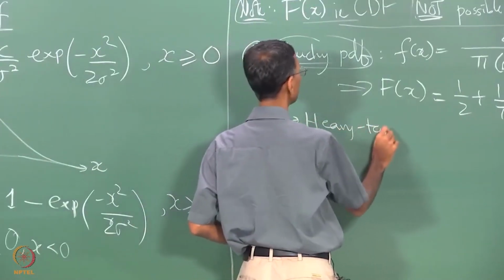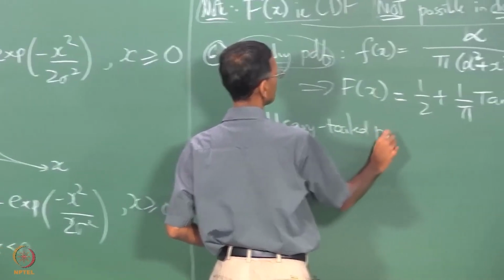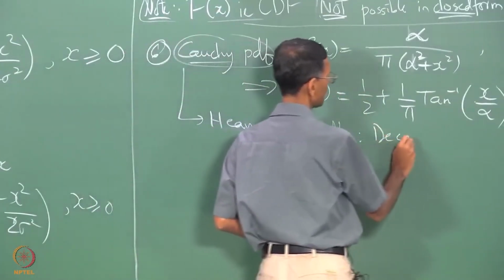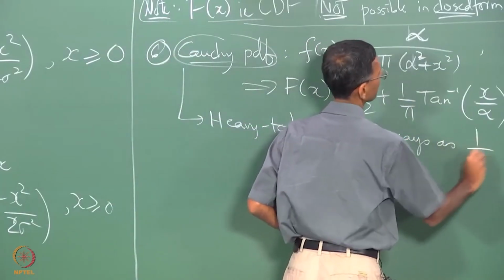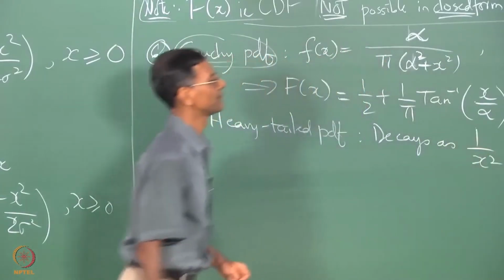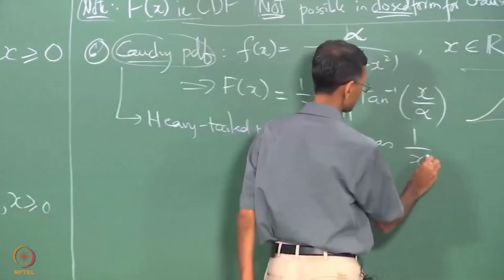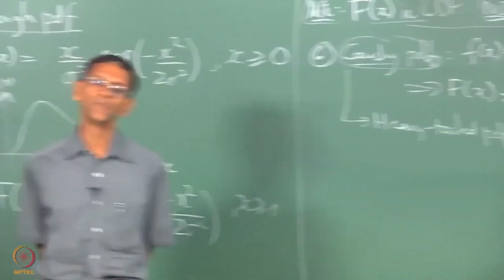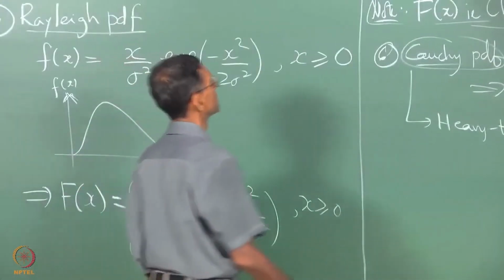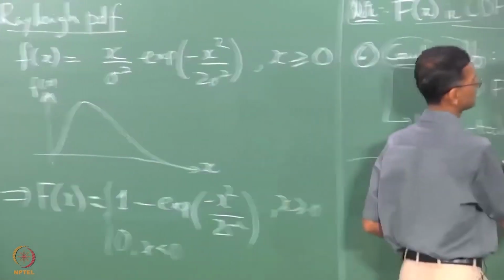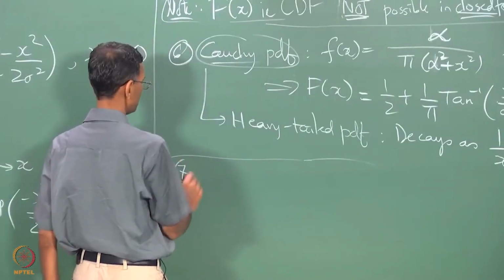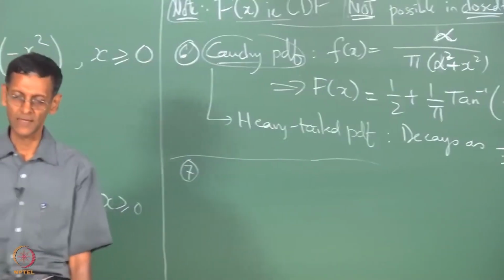It is an example of a heavy tail PDF, whose rate of decay is as 1 by x squared. All these PDFs have some mathematical property that we should be looking at.